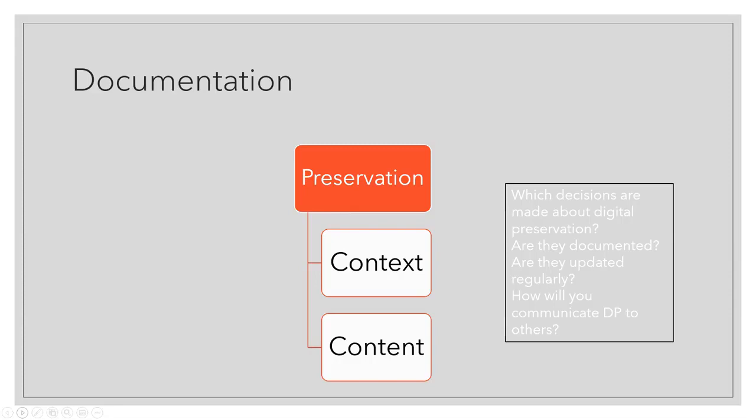And more generally speaking, how will you communicate digital preservation to others? What documents are you putting out there that are going to communicate to researchers and resource allocators and potential donors what kind of digital preservation you're doing, what are the challenges, and so on and so forth.